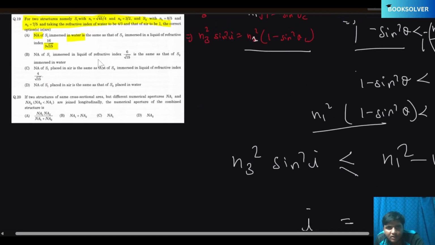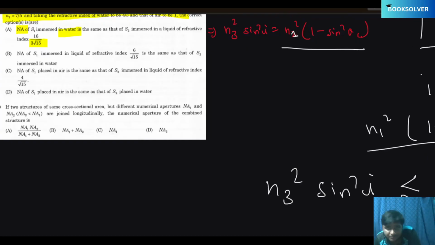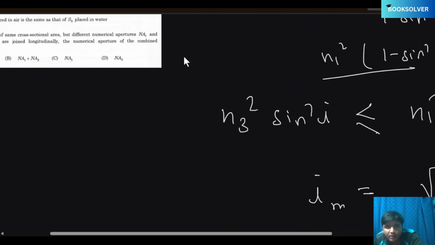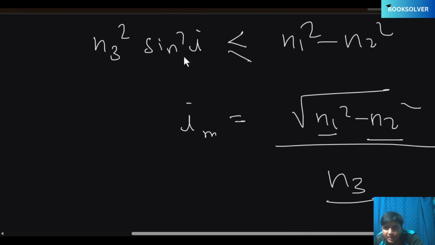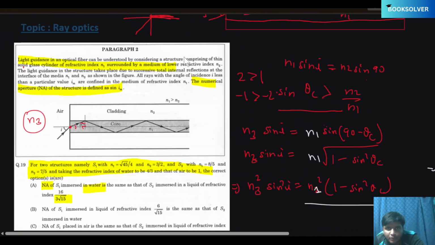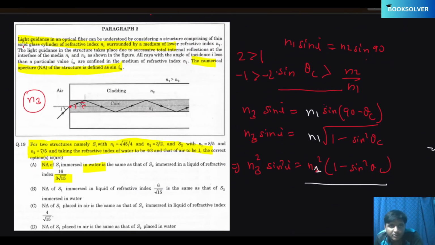Now if you look at option A, for S1, N1 is equal to root under 45 by 4. Our formula is root under (N1 square minus N2 square) by N3, so we will put them in one by one.